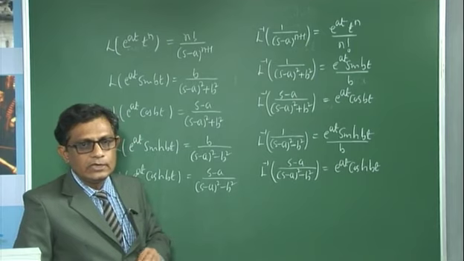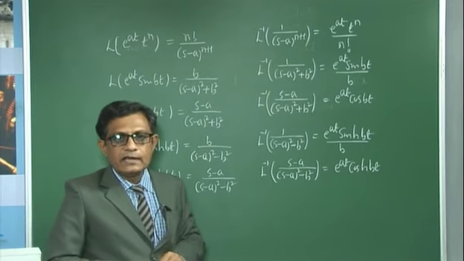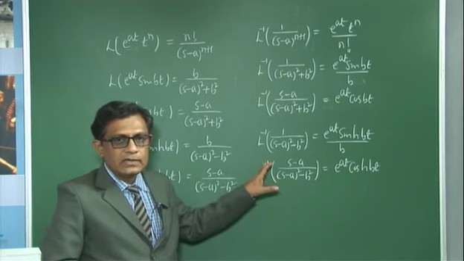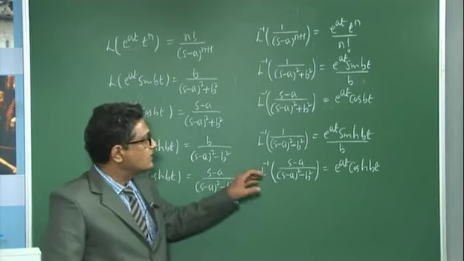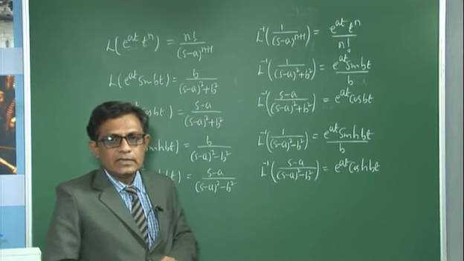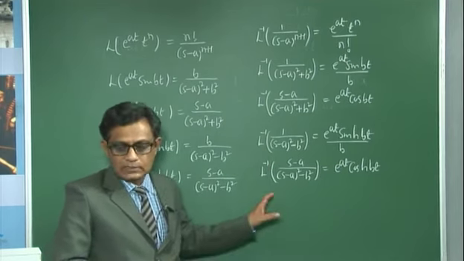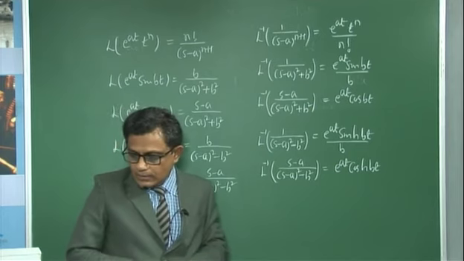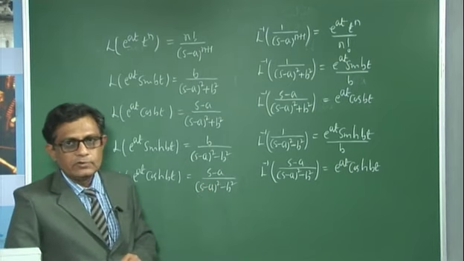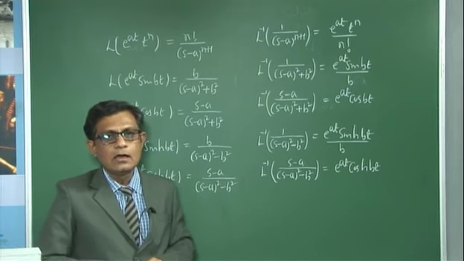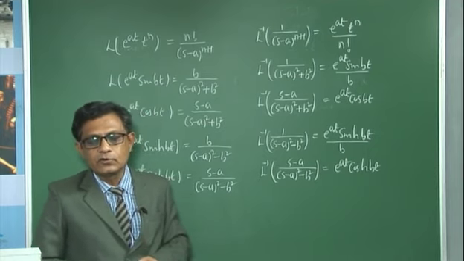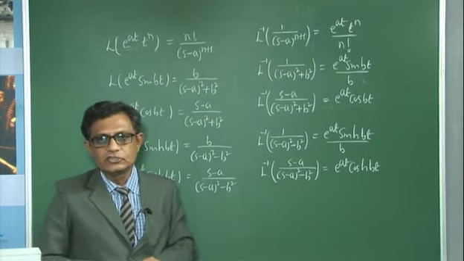Totally we have the 7 basic standard formulas in the inverse Laplace transform and 5 in the first shifting property formulas. Now, we will do the examples to find the inverse Laplace transform for a given function.